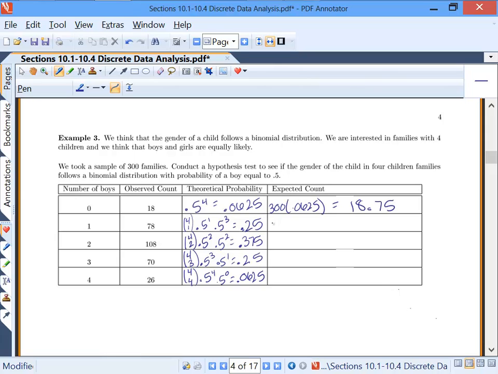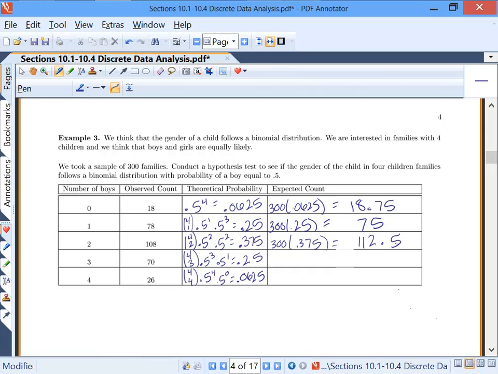Let's see, so for my next one, it's 300 times 0.25, gives me 75. 300 times 0.375 is 112.5. Notice here that we are getting fractions for our expected counts.